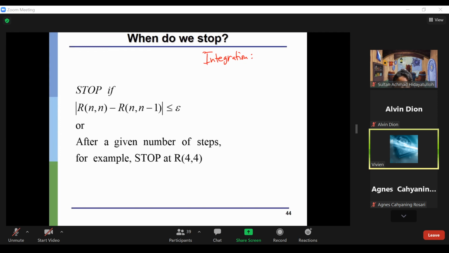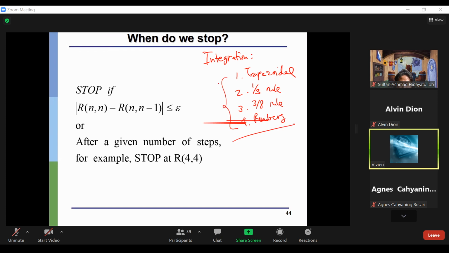We have trapezoidal, then we have Simpson 1/3 rule, and 3/8 rule, and last is the Romberg method. So these 4 are the main topics that are discussed in detail.